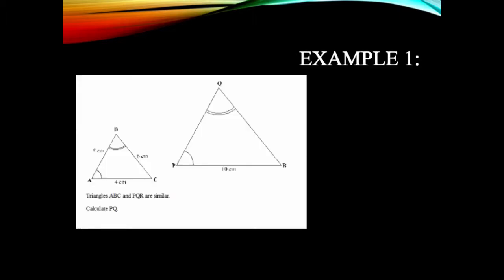Let's have a little look at this first example. It tells us that triangles ABC, which is this triangle here, and PQR are similar. Before we do anything else, let's see what else is drawn on this picture for us. We can see that we've got an angle here, denoted by one line, that is the same as the angle here, denoted by one line. We've got a double line here and a double line here.